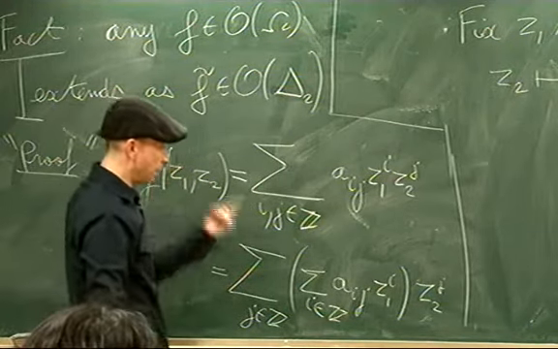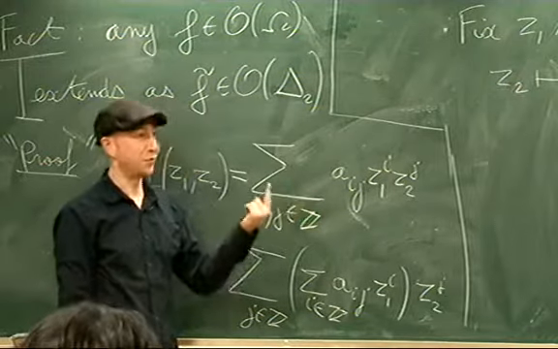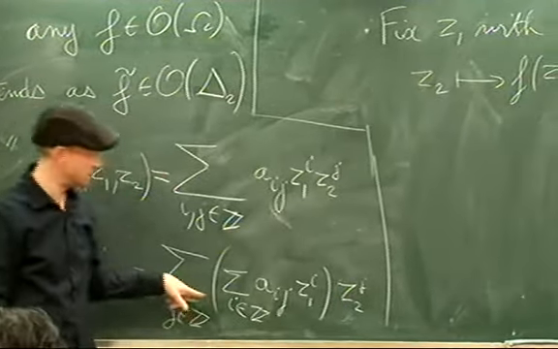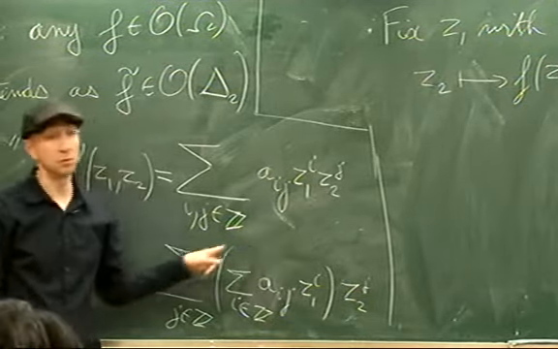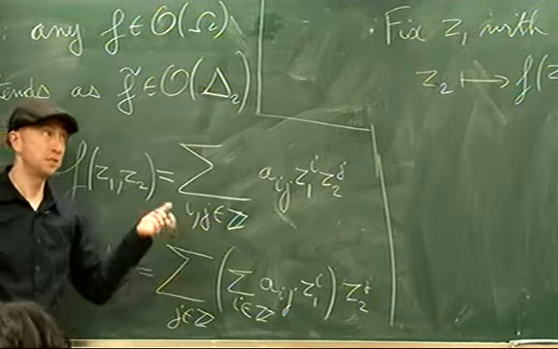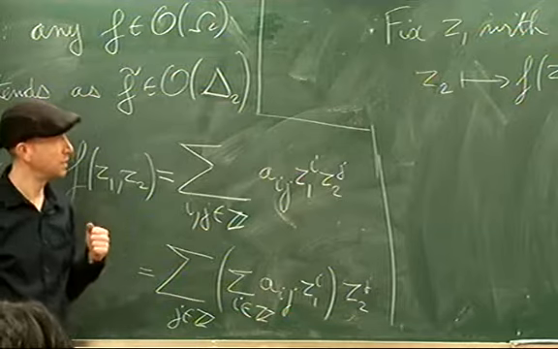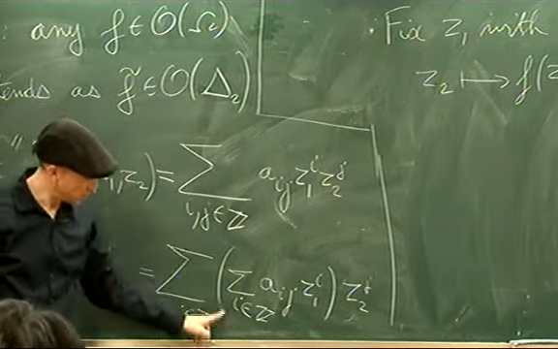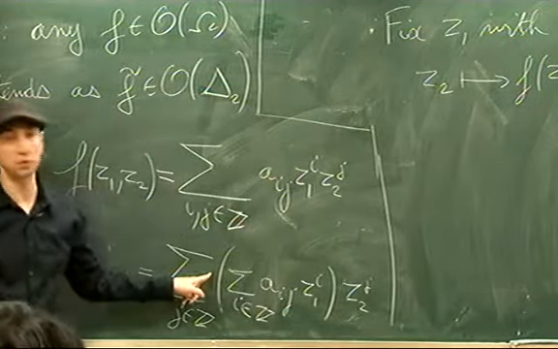So for every j negative and for every z1 like this, this is 0. Now fix j negative, and when z1 varies, what is here is actually a holomorphic function of z1.